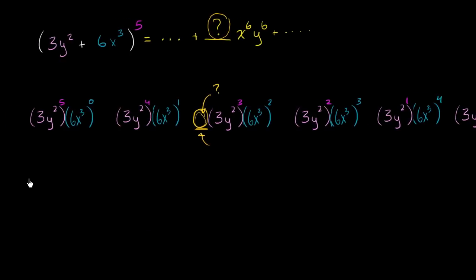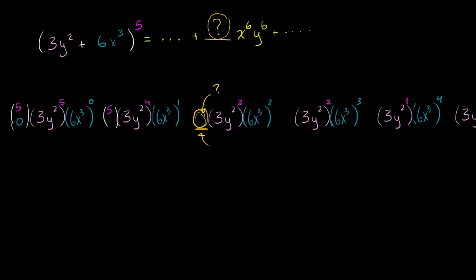If we use combinatorics, we know that the coefficient over here is going to be 5 choose 0. The coefficient over here is going to be 5 choose 1. And we've seen this multiple times. You could view it as the exponent choose the top, where the 5 is the exponent that we're raising the whole binomial to, and then the number after choose is the exponent on the second term.